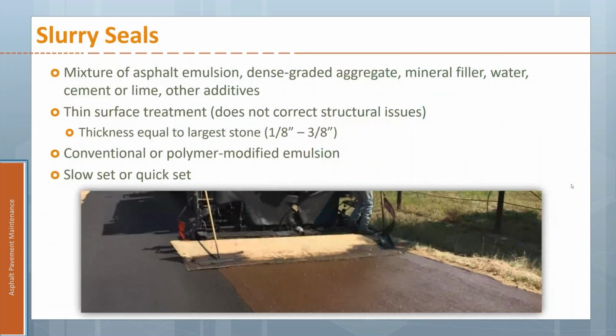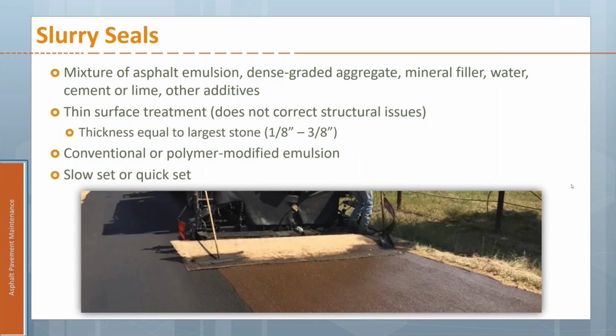A slurry seal is a mixture of asphalt emulsion, a dense graded aggregate, mineral filler, water, cement, or some type of lime additive, something that's going to give it a little oomph. And this is just really a thin surface treatment. Again, we're not looking at things that are going to correct a lot of structural issues, but this is a very thin layer. So the largest stone is pretty much how thick this layer is going to be.